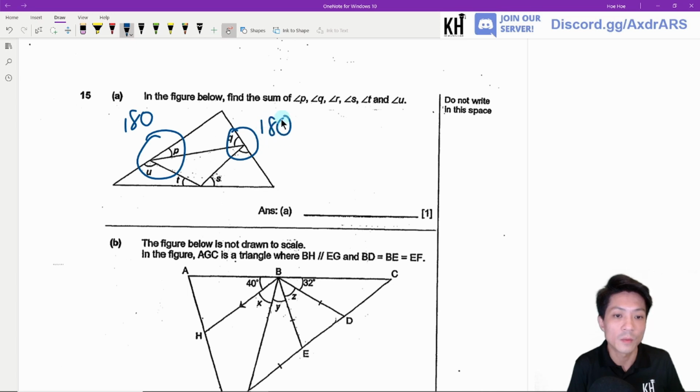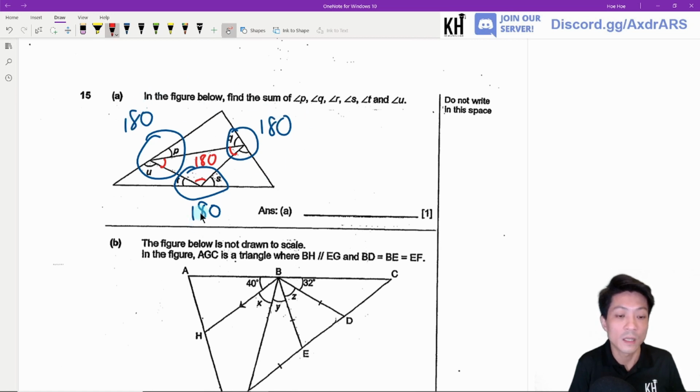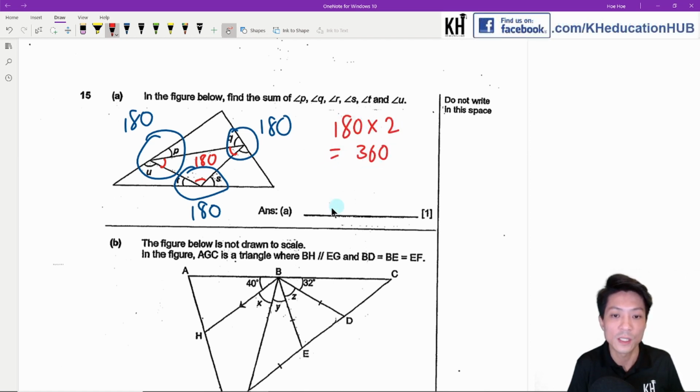These three also add up to 180, and these three also add up to 180. This plus this is 180. So you just have to use 180 times 3 minus away another 180, which means you just have to do 180 times 2, which is 360.